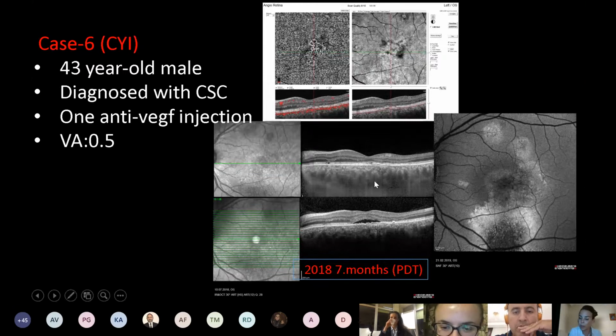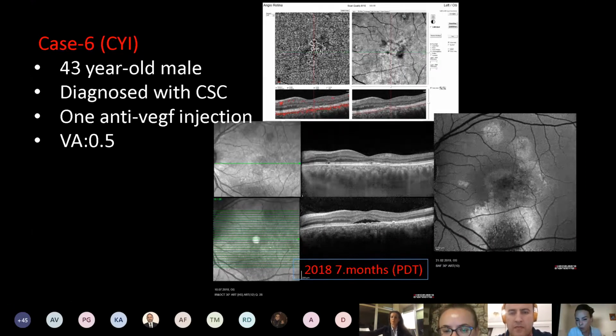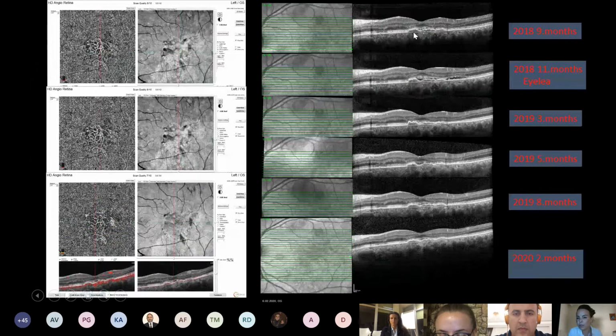He had already had 1 anti-VEGF injection and was not active at the beginning, so of course I decided to just follow him regarding any recurrences in the future. Seven months later, he came back with fluid, which I expected, because I know that anti-VEGF injection is not a sustainable treatment, and I decided to do photodynamic therapy. After 2 months, here is the result: there was total resolution.